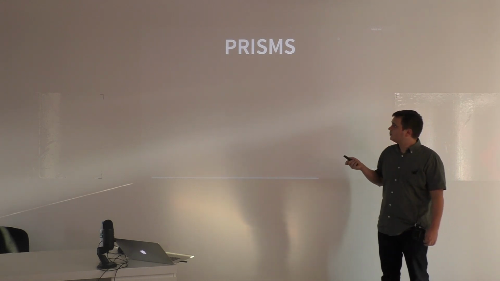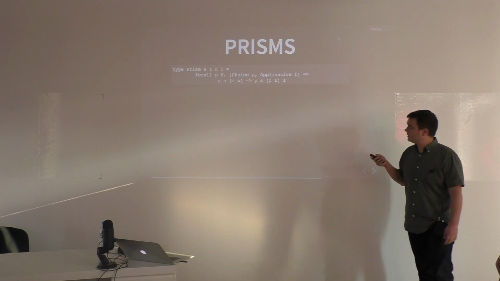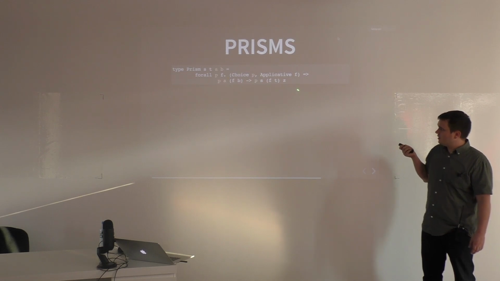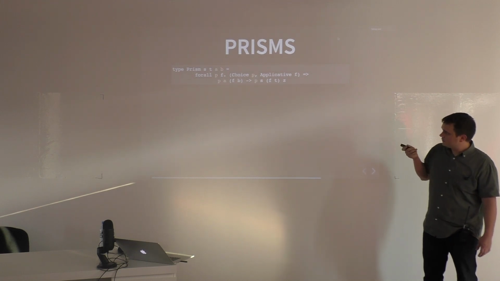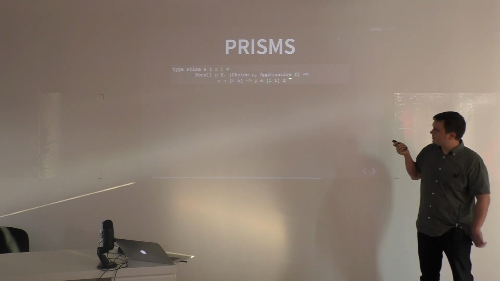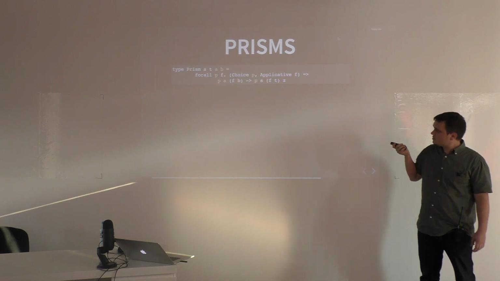So how the prism type looks in Haskell in the lens library, it's a little bit complicated. It's pretty much the same idea of a function, but there is a little bit of a tweak here: f is an applicative functor, and p has to be Choice, a choice profunctor.